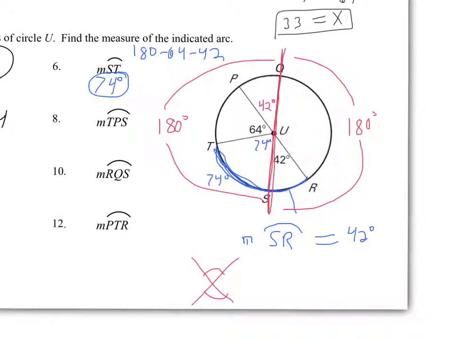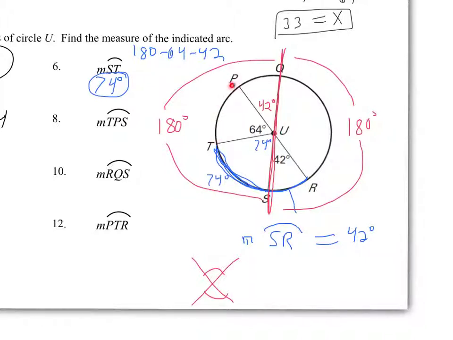Now look at number 8. We have the measure of TPS. There are 3 letters, so you have to follow those in order. Maybe at first I'll start with T, and if I trace starting at T, if I go T, P, and then backwards to S, you would not want to do that. That doesn't make sense. Or if I went T all the way around P and then backwards to S, that wouldn't make sense either. So you want to figure out what the angle is without going backwards.